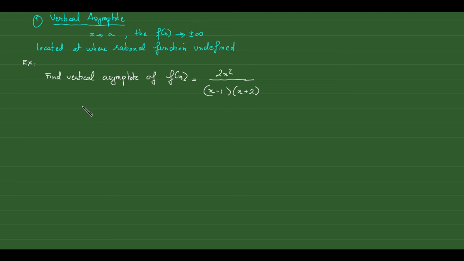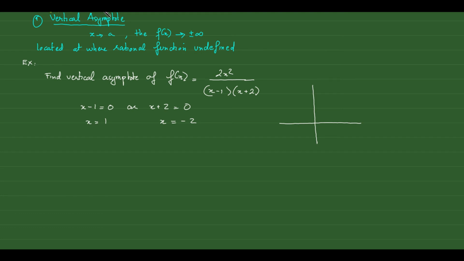Or we can set it equal to 0, because this is a vertical asymptote, so we have to find the equation for that line, right? Alright, so the vertical asymptotes have equations x equals 1 and x equals minus 2. If we do a quick sketch here, the vertical asymptote will be here.